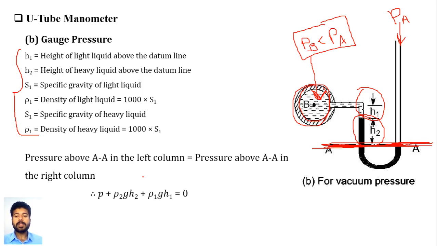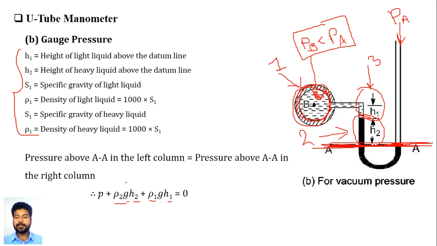The first one is the pressure itself, that means P, plus the second component, that is rho gh, with the density of this lighter liquid, that is rho 2 g h2, or you can see over here that is the heavier liquid, which is rho 2 g h2, plus rho 1 g h1. This one is component number 3, the pipe is component number 1, and your second component is this.